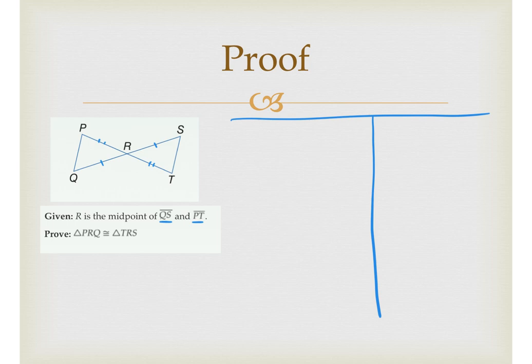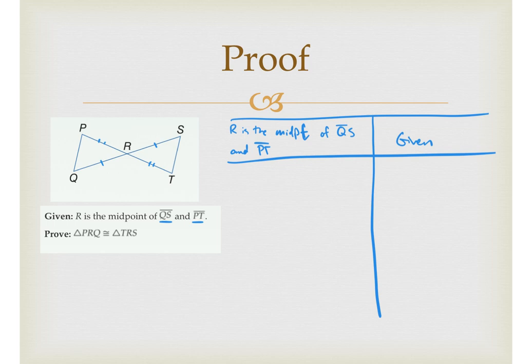So I'm going to take that and write it in my given. So I know that R is the midpoint of QS and PT. And this is given. And that's it.